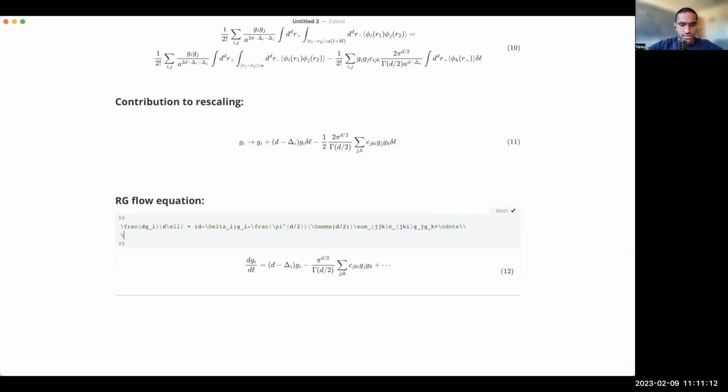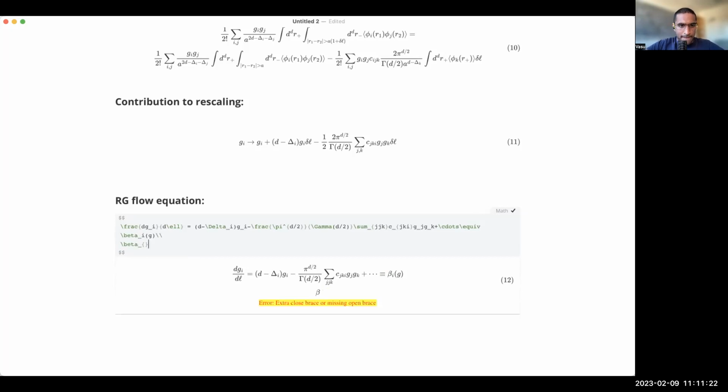So in other words, we define this to be beta_i of g. So our beta function has these two terms in it.